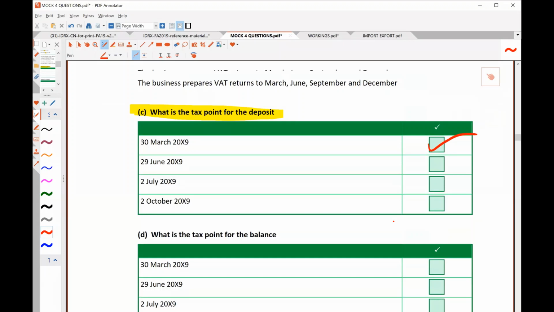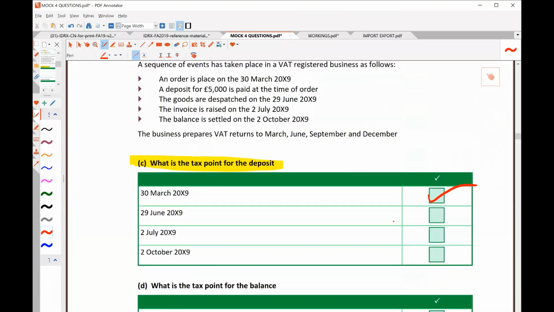We're now looking at the balance. So the goods are dispatched on the 29th of June. That's our dispatch date. Is it paid for before that date, or has an invoice been raised before that date? That's our first rule. Yes or no?